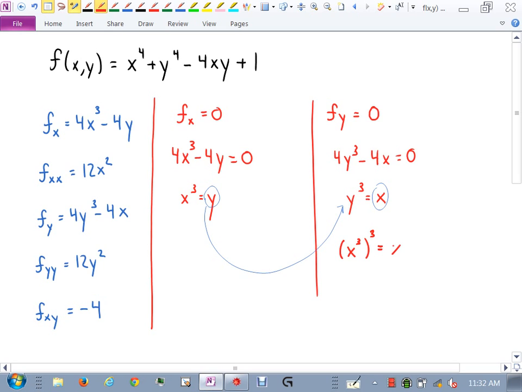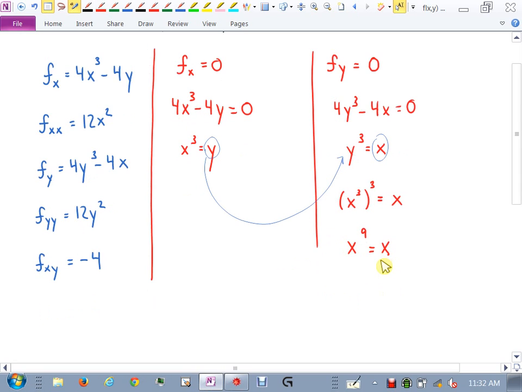Equals x. That y is x cubed. So you plug it in, then you cube it. So x cubed cubed. What's x cubed cubed? X to the ninth equals x. And now we have an equation that has one variable. One equation, one variable. We hope to get a solution, or possibly more than one.